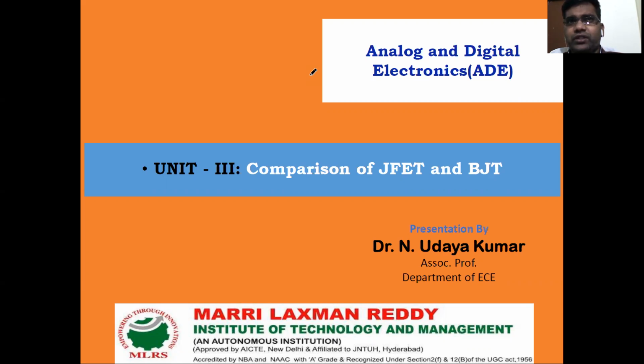FET is a voltage control device. Why do we call it a voltage control device? FET is also a variable resistor. FET is a voltage control device because the output current is controlled by the input voltage.